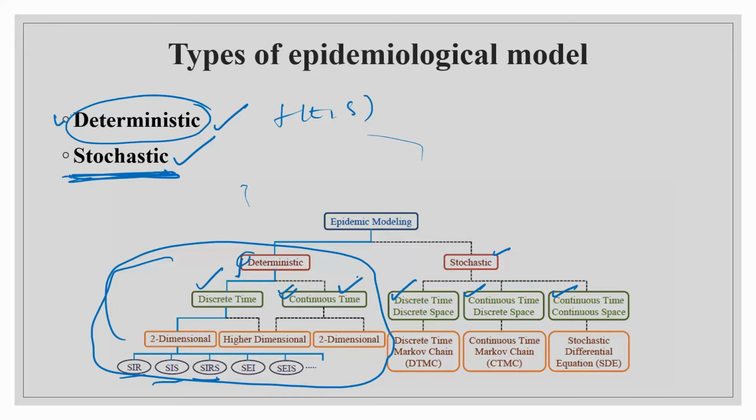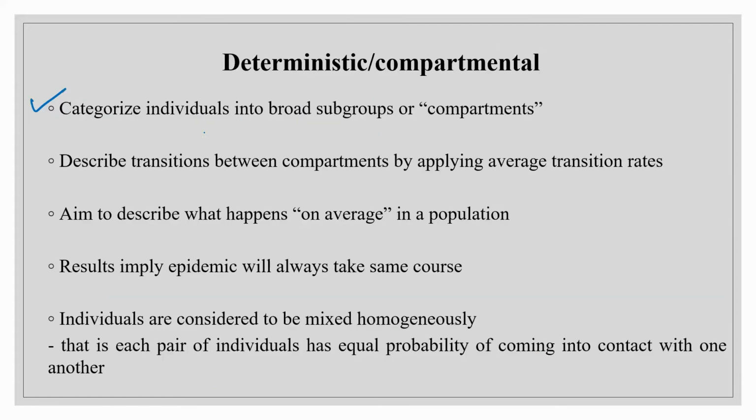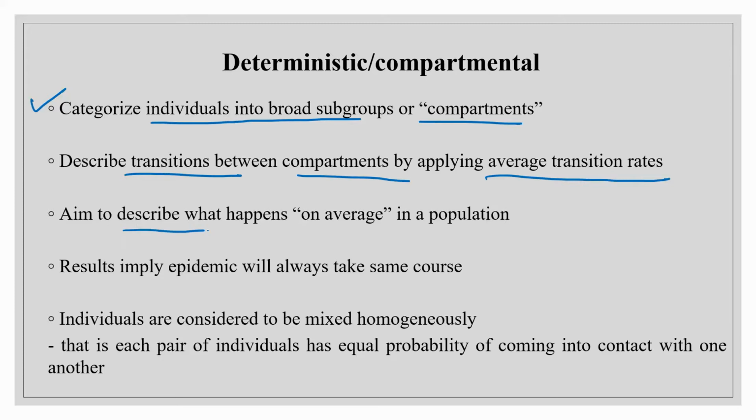Let's focus on this deterministic part for this lecture. These are a few differences between the deterministic and stochastic. Firstly, I will tell you the features of deterministic. In this deterministic model, individuals are categorized into compartments, and the transitions between the compartments are described by average transmission rates, and it aims to describe what happens on average in the population.